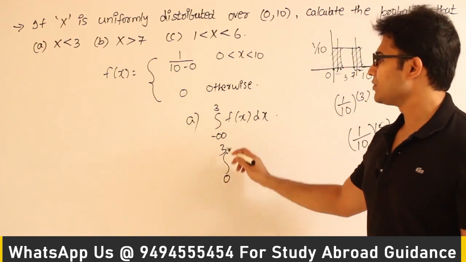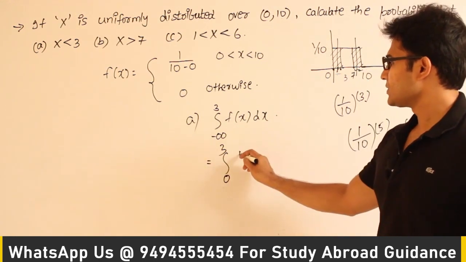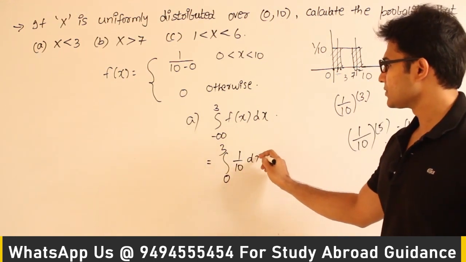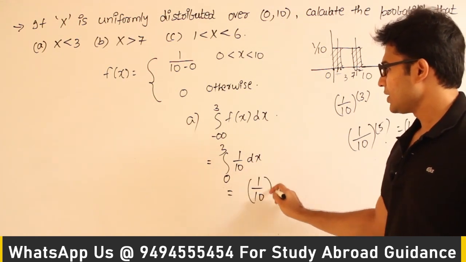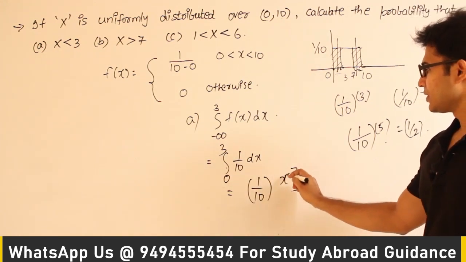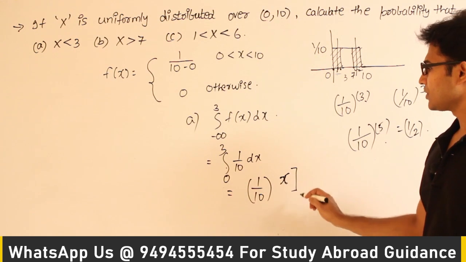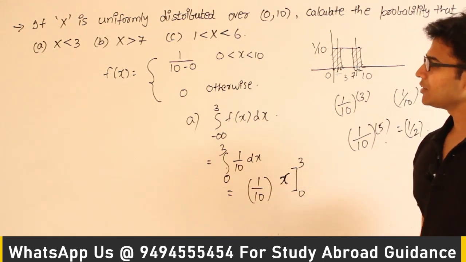Therefore I can count it from 0 to 3, f of x is 1 by 10 dx. I can pull out 1 by 10 outside, and the integral of dx is x itself. The upper bound is 3 and the lower bound is 0. Now if you substitute, it is again going to be 3 by 10.